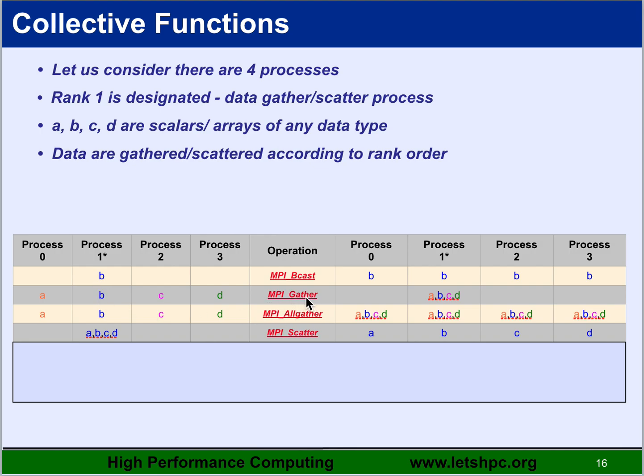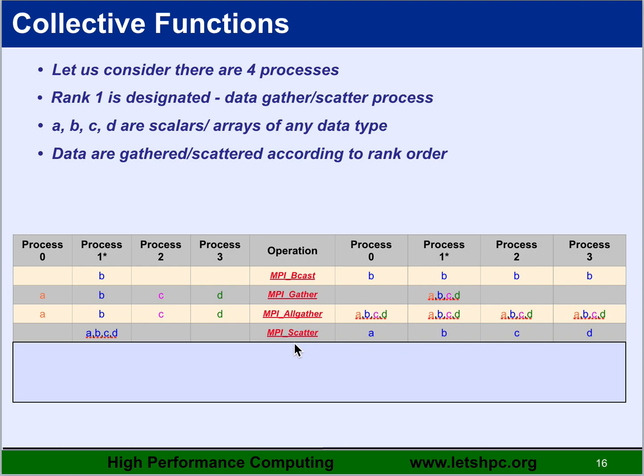If you use MPI gather, then process 0 has A, process 1 has B, process 2 has C, and process 3 has D. If we use the MPI gather operation, we can gather all these values and put them at process 1, because process 1 has been designated as the gather process. Similarly, if we use all gather, then first all these values will be gathered, and then communicated to all the processes. So all the processes will have A, B, C, D.